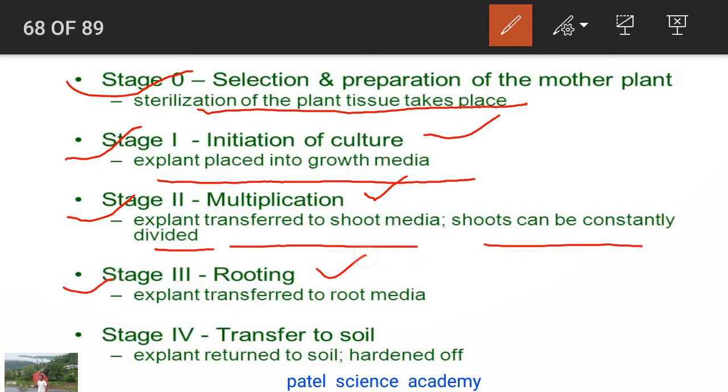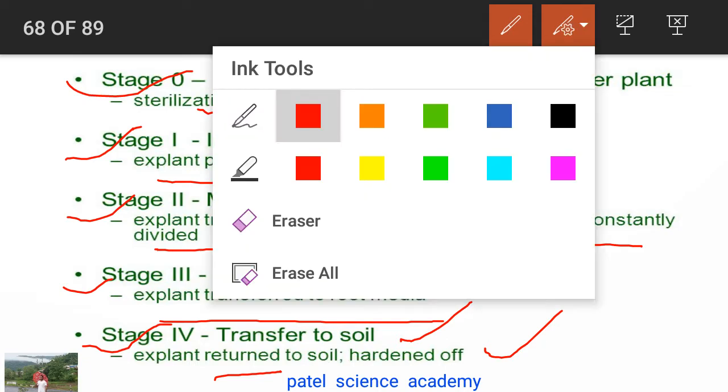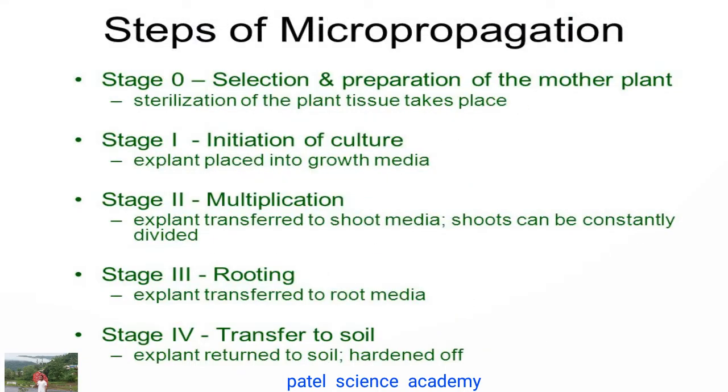Then the rooting stage: the explant is transferred to the root media, and then the transfer of the plantlets to the soil, where the plantlet is returned to the soil and hardened off. As I explained about the micropropagation steps, this is a very important part of the tissue culture.